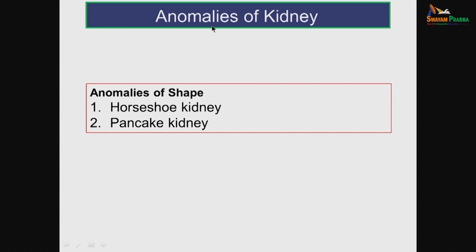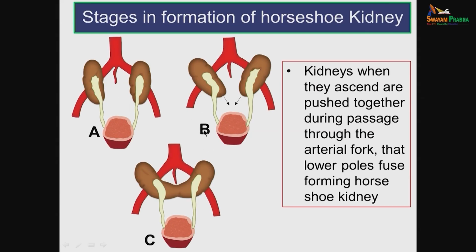Next, coming to the anomalies of shape of the kidney, two things deserve mention. One is called horseshoe kidney. The other one is pancake kidney. We look at the details of these two conditions. First is horseshoe kidney. As I mentioned earlier, the kidneys develop in the pelvic region and they are going to ascend.